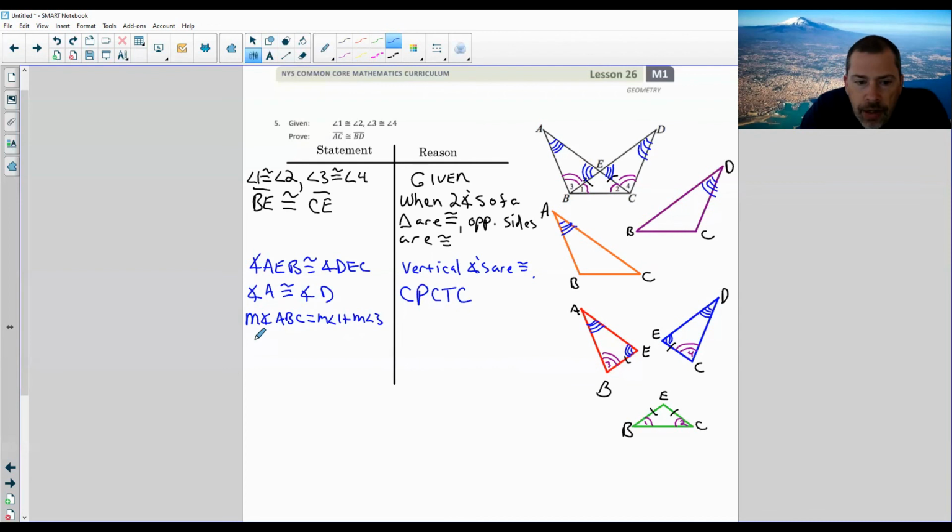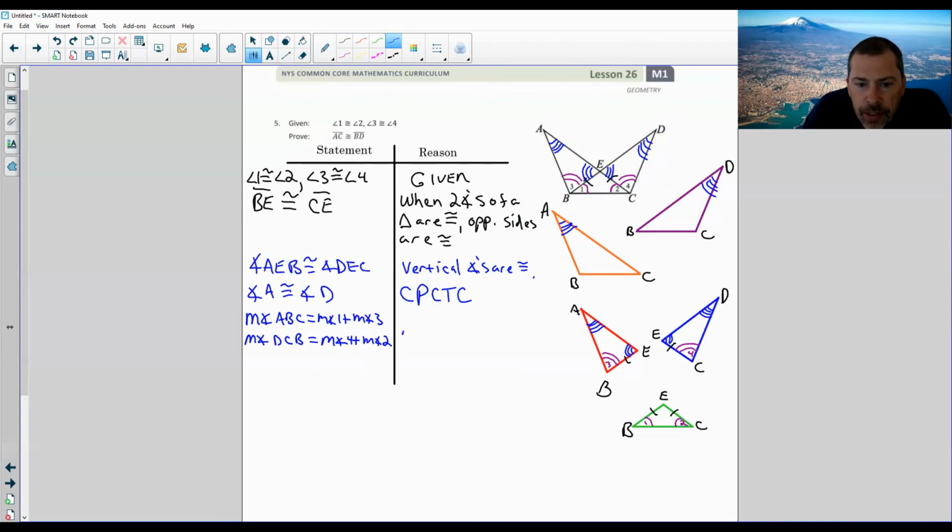Also, since we're doing that, we're now going to say the measure of angle DCB equals, DCB is here, that's angle 4 plus 2, the measure of angle 4 plus the measure of angle 2.